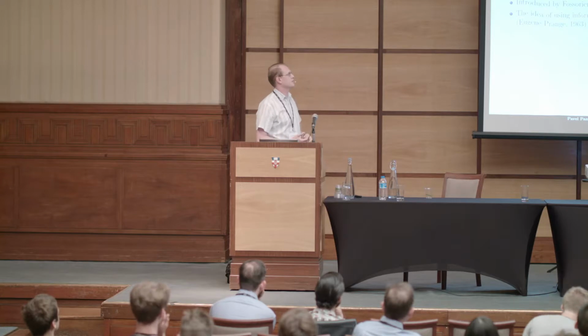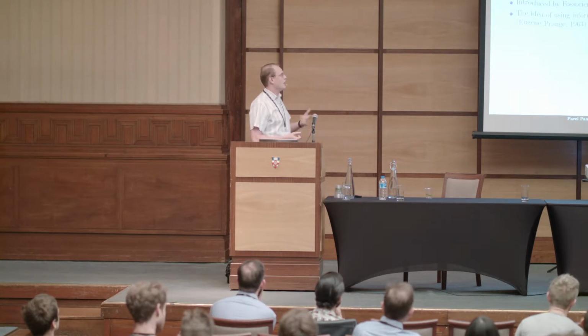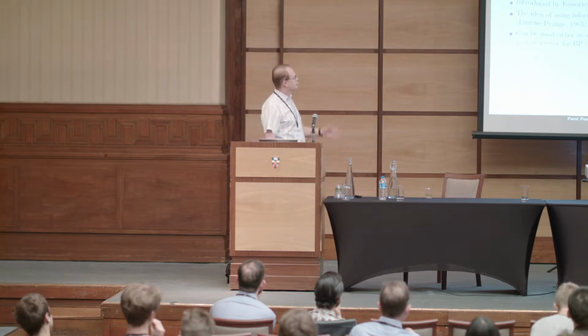The OSD decoder was introduced by Fossorier and Lin in 1995, but the idea of using information sets in decoding is quite old. This decoder can be used as a standalone decoder for classical codes, or as a post-processor for BP.